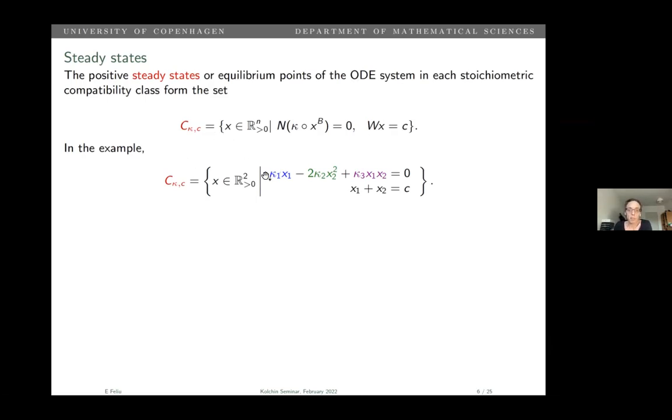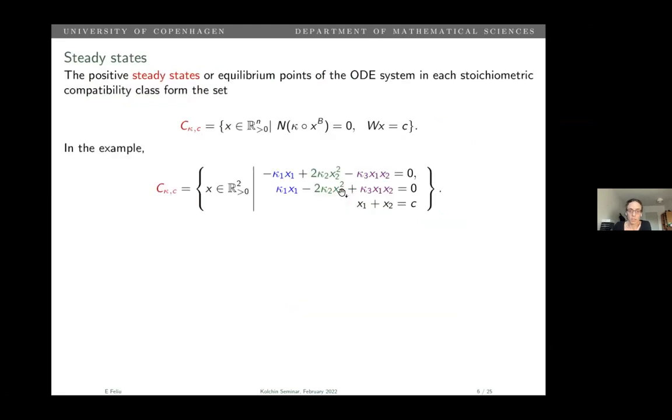In the example, the system reduces to this system. This is the system I obtained from the N part, and this is the only linear relation I have.